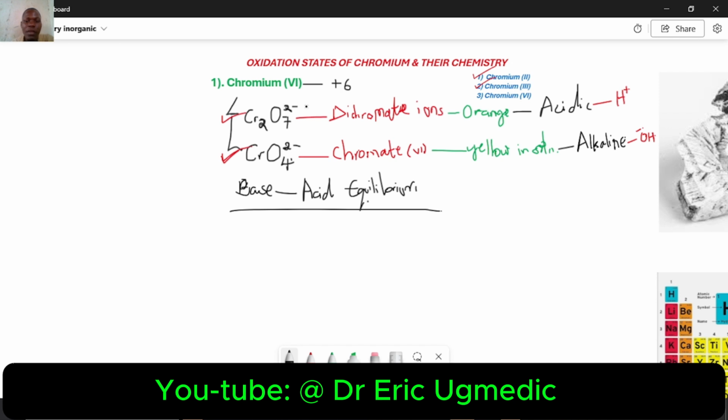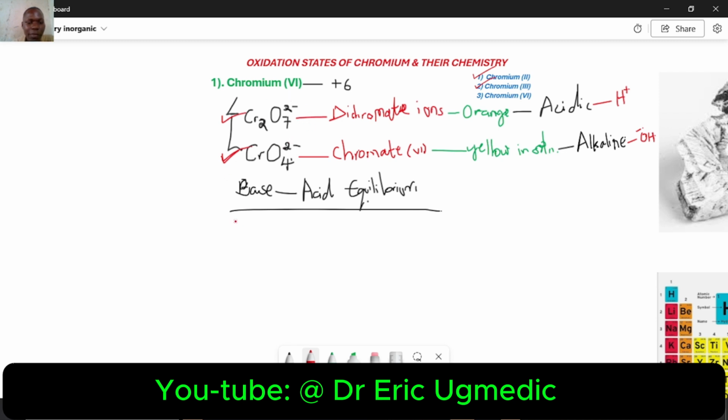If we added an alkaline solution to a solution containing dichromate, they would change to the chromate. So we shall have that interconversion, with half reactions for each.